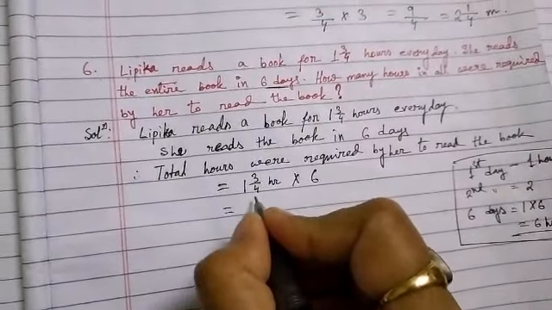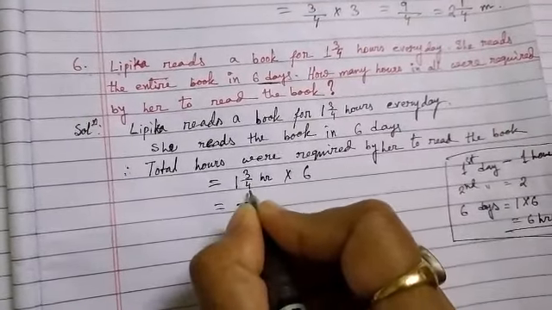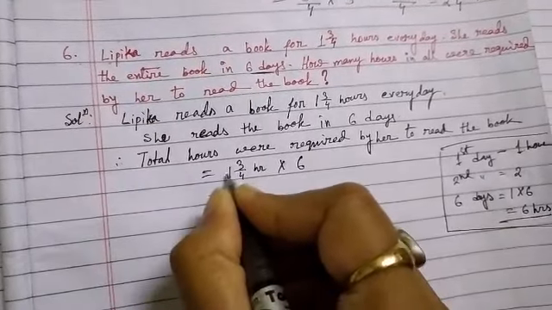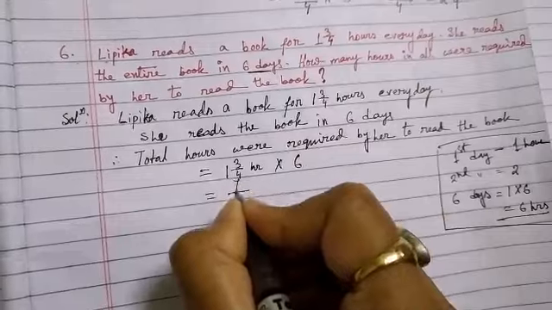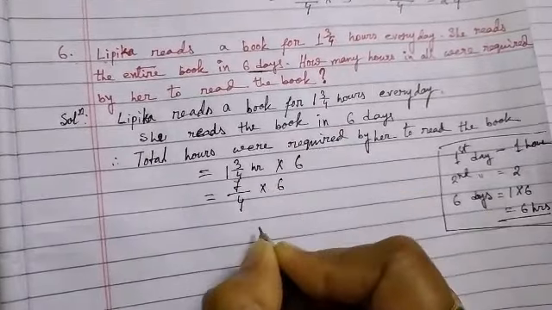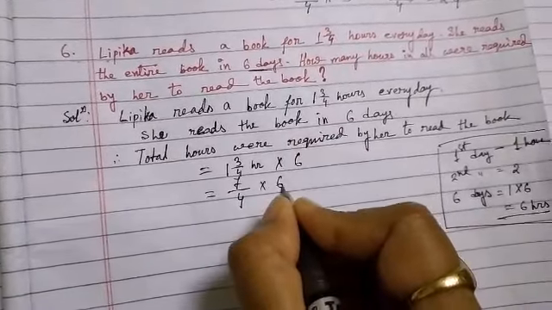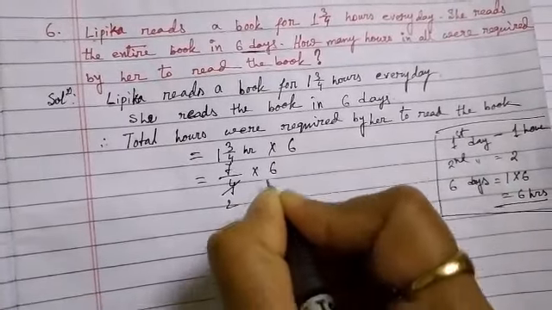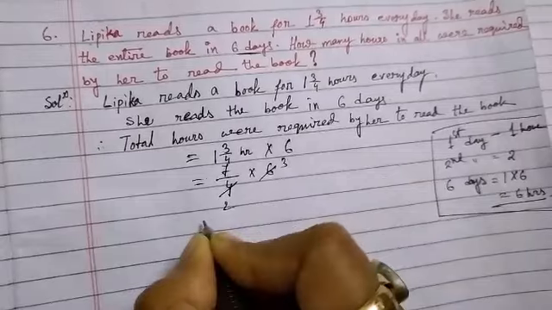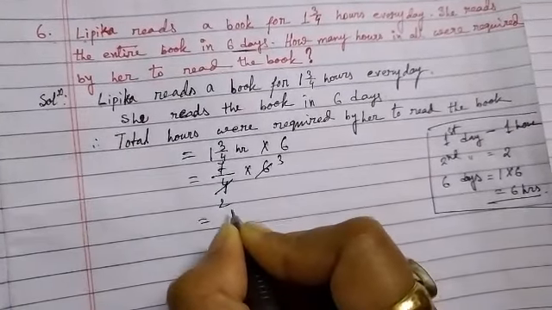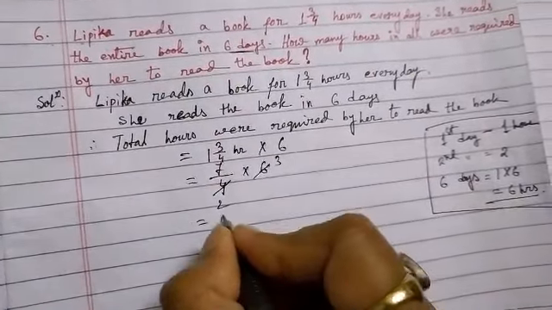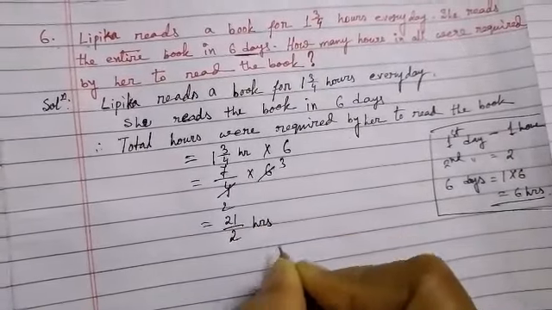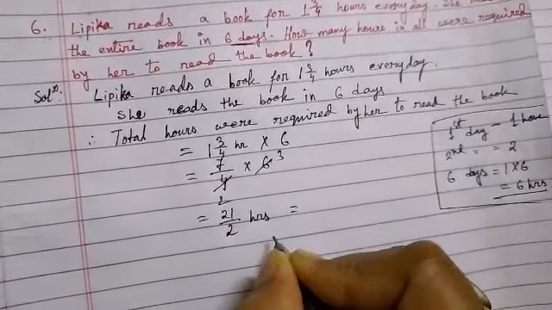Then it should be converted into an improper fraction. 4 ones are 4 plus 3, that means 7/4 into 6. Then this 4 and 6 can be cut by 2. 2 twos are 4, 2 threes are 6. Then the answer is 7 threes are 21/2 hours. Then it is converted into a mixed fraction.